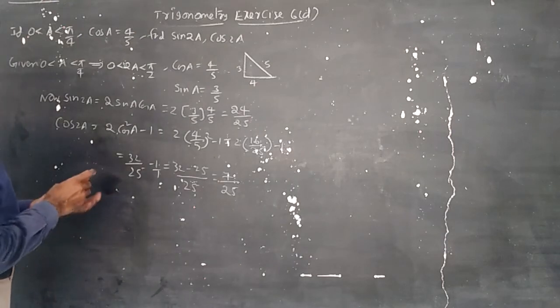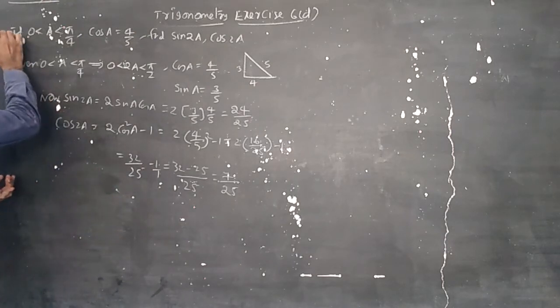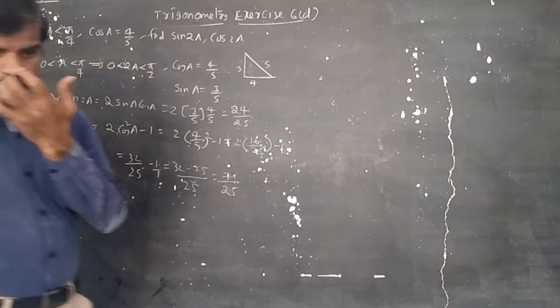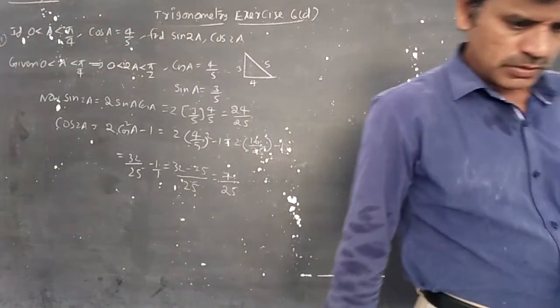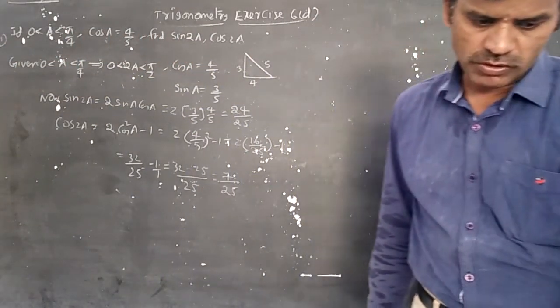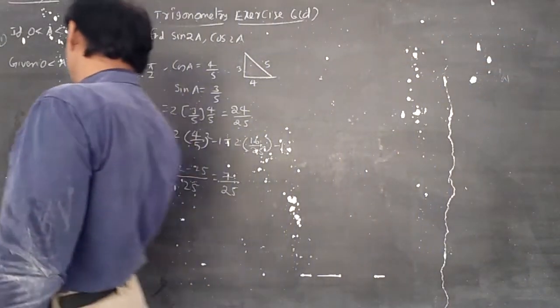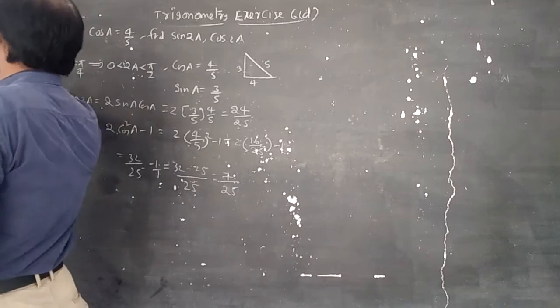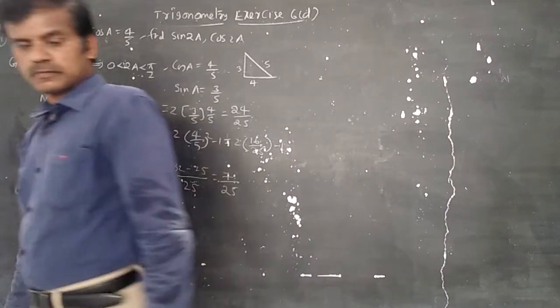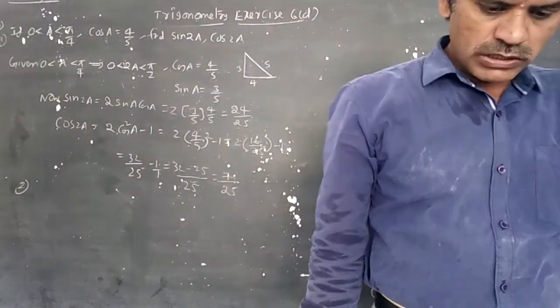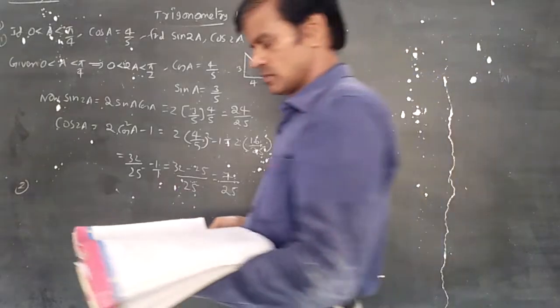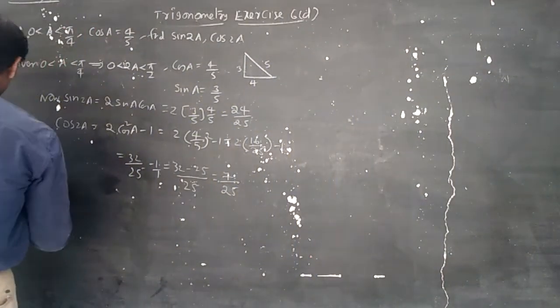Now, Roman number 2, general number 1, first question completed. Now the second question.